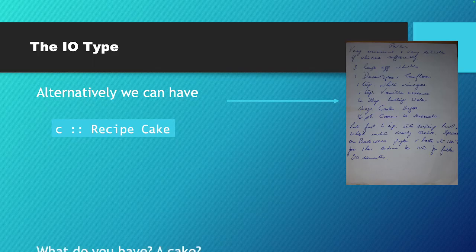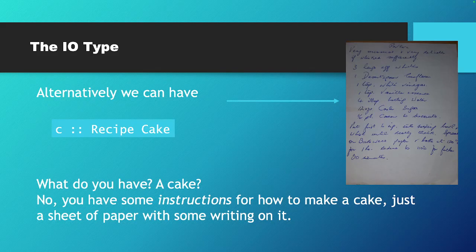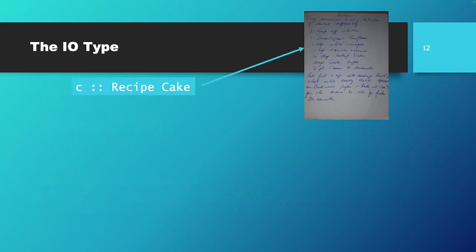And so if you've got there, what you have is the ability to make the cake. So it's not a cake, but it's instructions for doing it. So you have the recipe.